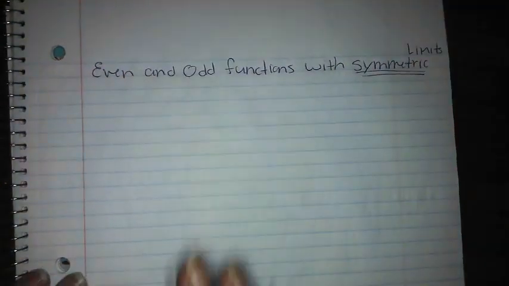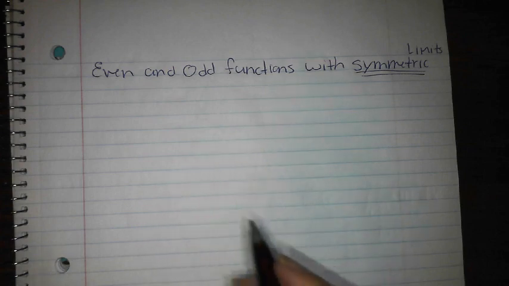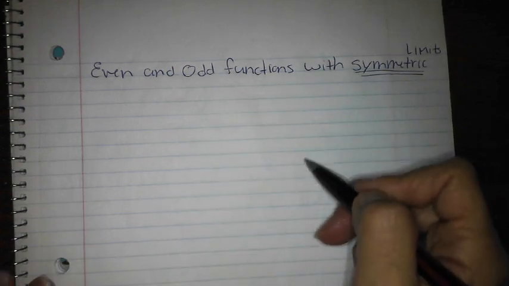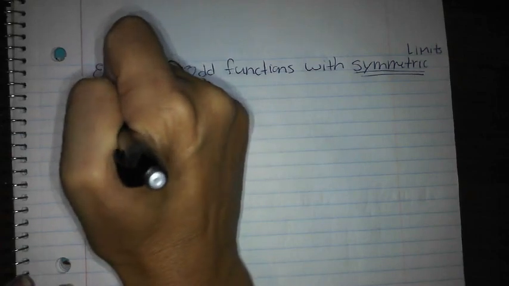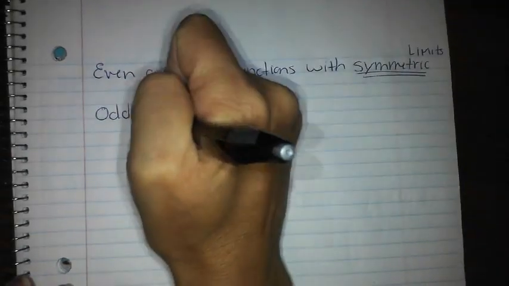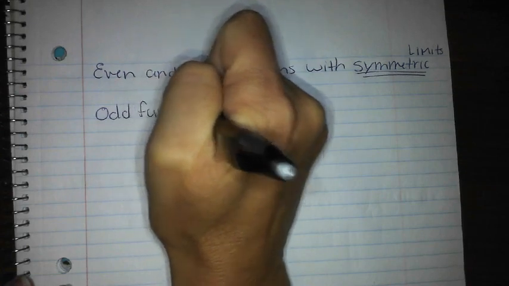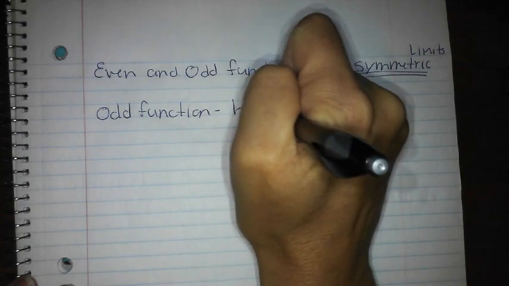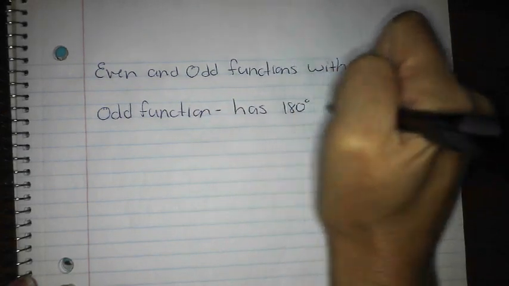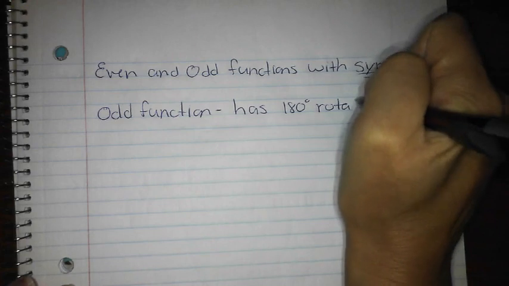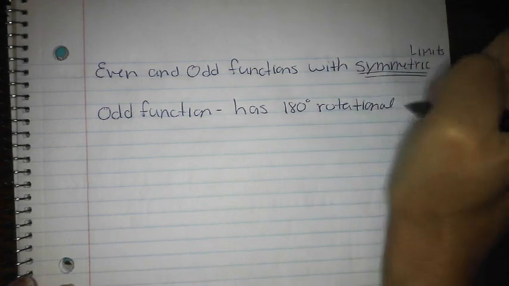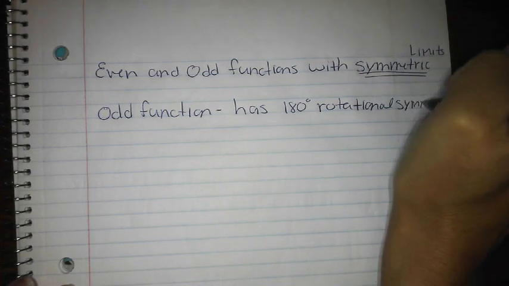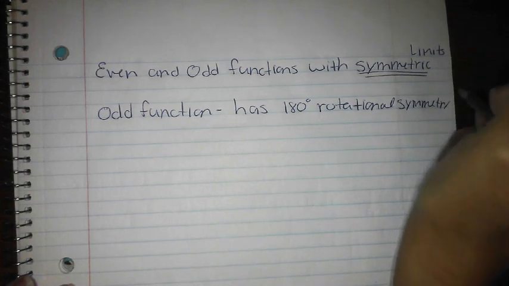First of all, we'll define what odd functions are, then we'll see what happens with them when the boundaries are symmetrical. An odd function, if you graph it, has 180-degree rotational symmetry. That means if I spin the graph 180 degrees, it looks identical to the way it started.